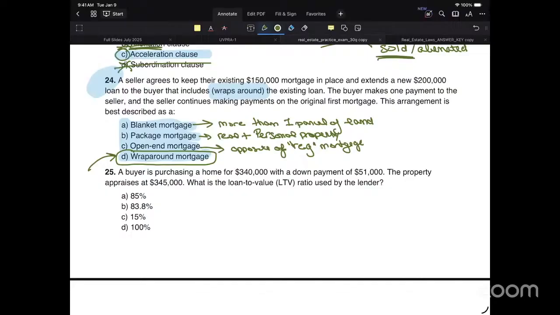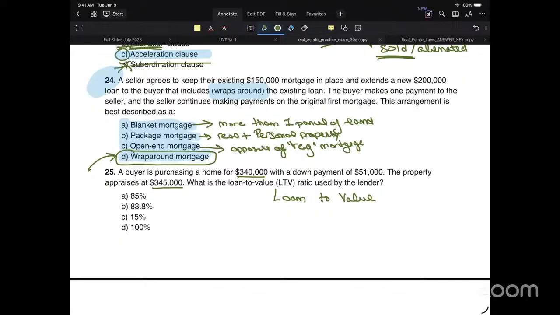So, loan to value, we're comparing the amount of the loan to the value of this property. We're asking about the value of the property. And this is where we have to go, well, okay, they're buying it for $340,000, but it appraised at $345,000. Which of these numbers do we use?